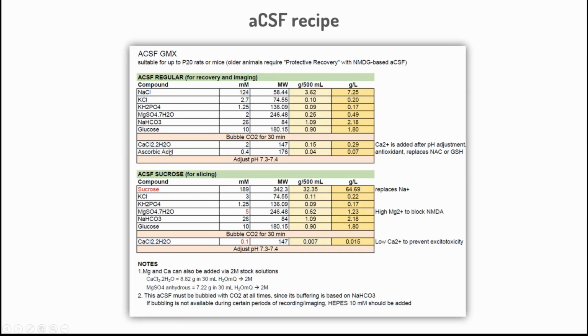Ascorbic acid is an antioxidant, and of course you have to adjust the pH. Normally I put the bubbling here before, because if you add the calcium before adjusting the pH, the calcium will precipitate. Okay. And also the antioxidant, you can replace it with N-acetylcysteine or glutathione.